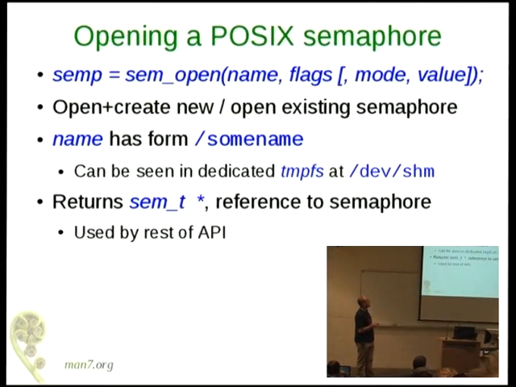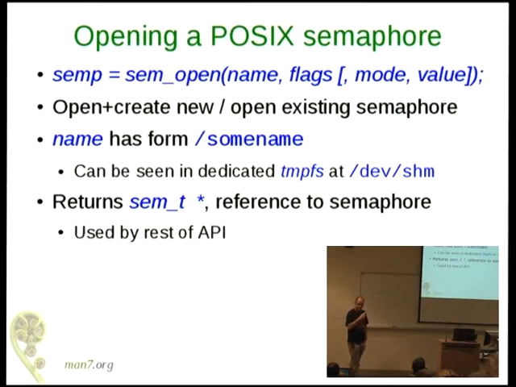So you say sem_open, the name of the object you want to open, flags that control the call, permissions for the object you're creating, and here you can specify the initial value of the new semaphore you're creating. Those last two arguments are only needed if you are creating a new semaphore. Again, the name has this form: slash and some name.